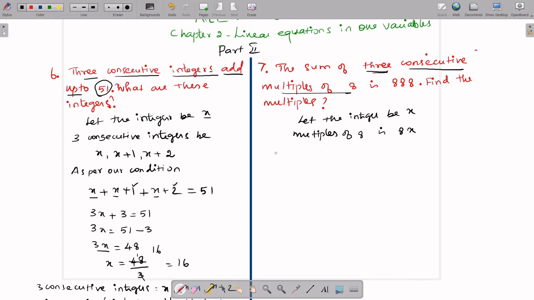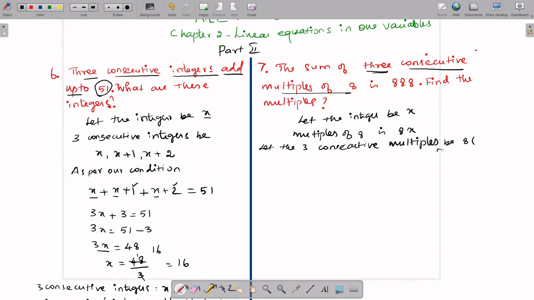Okay, so let the three consecutive multiples be multiples of 8.